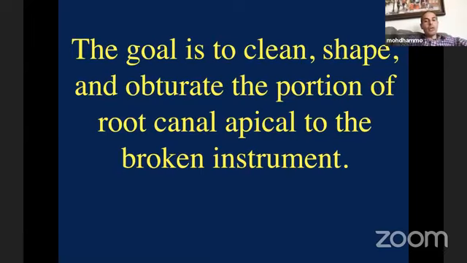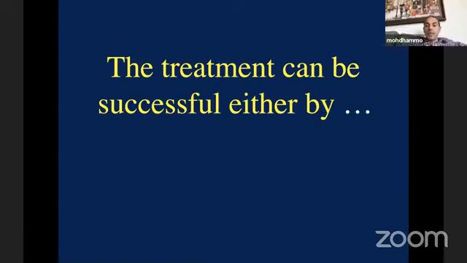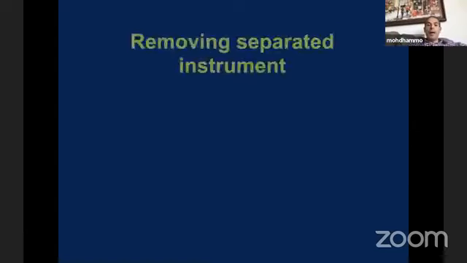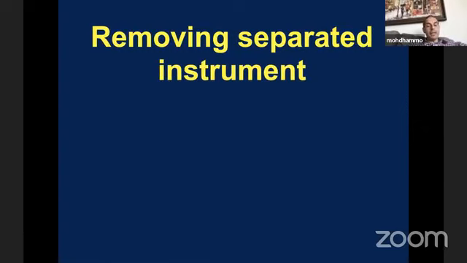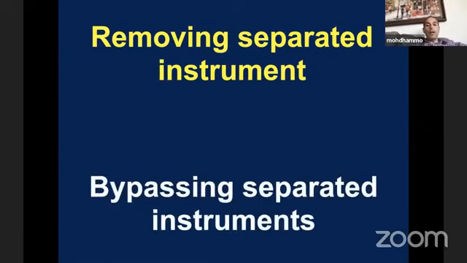The goal is to clean, shape, and obturate the portion of the root canal apical to the broken instrument. So our goal is to reach the end of the canal and to clean the whole canal. Because of this, the treatment can be successful either by removing the separated instrument or bypassing the separated instrument.